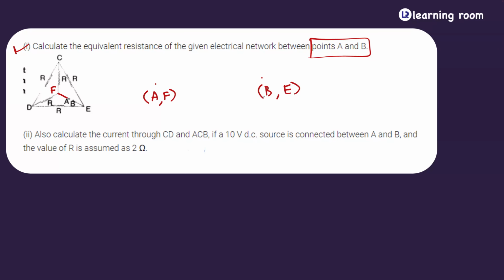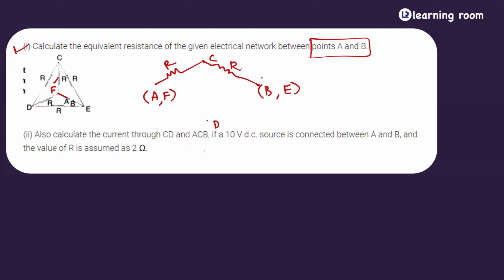So when I go from F to C, if I take this point to be C and this point to be D, listen to this carefully. When I go from F to C, there is one resistor going like this. Similarly, when I go from E to C, there is one resistor going.